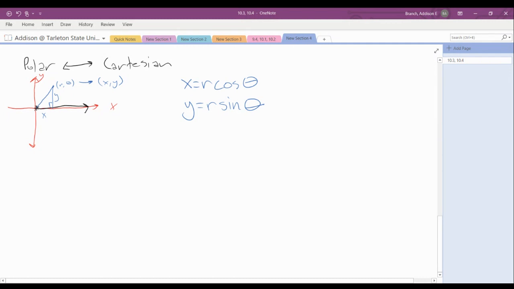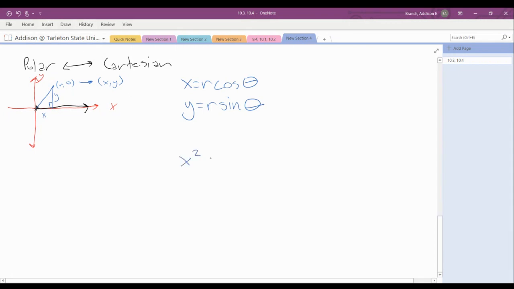So that's a pretty simple way to get to Cartesian from polar. But if we want to go the other way, we also have some other identities that work. So if we have our Pythagorean theorem where we have our x and our y, then we can get our r squared.